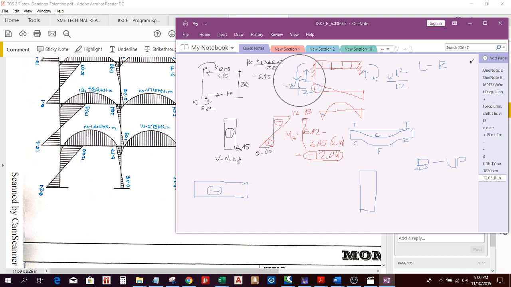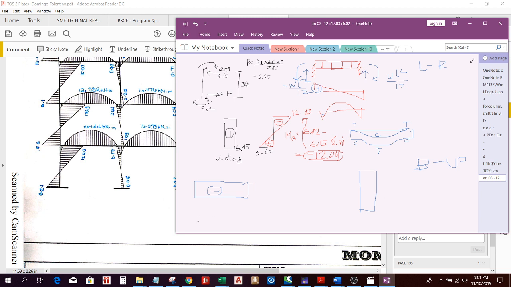On the shear. How about here? This one is going down, so this is negative, but this one is going up, so this is positive.